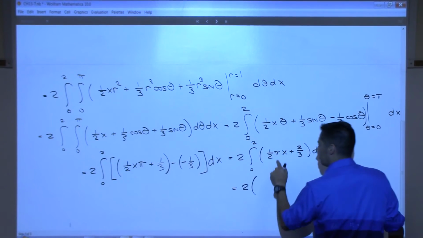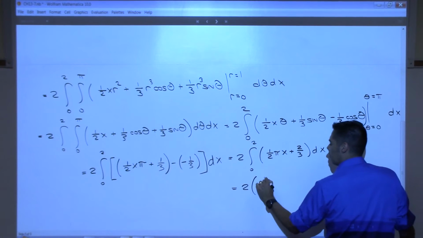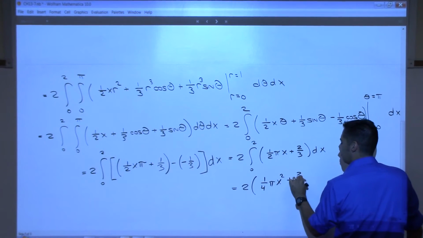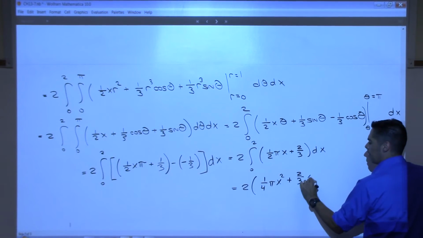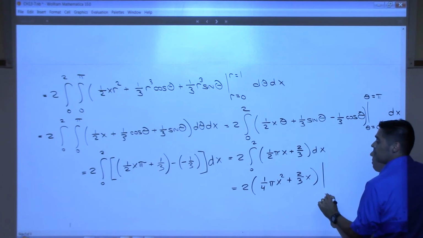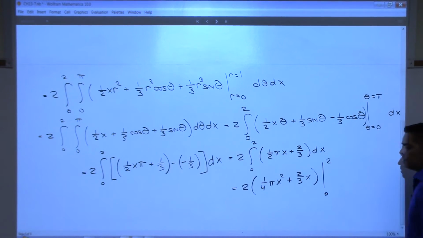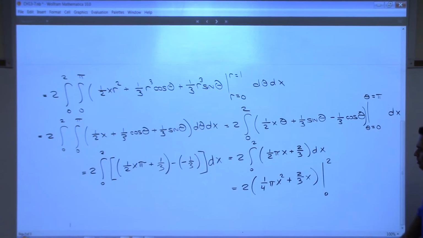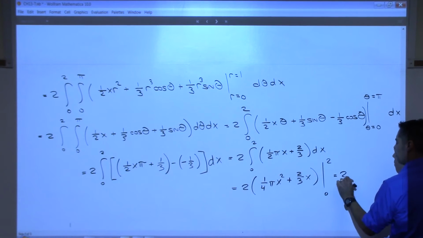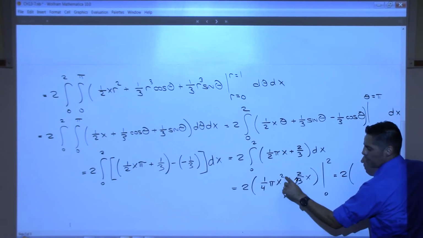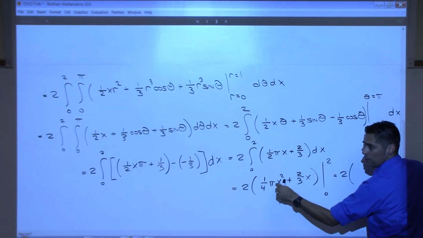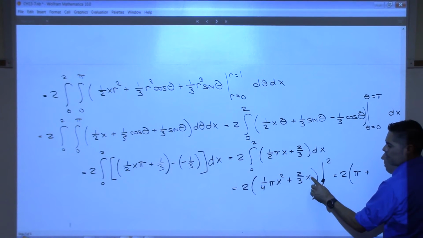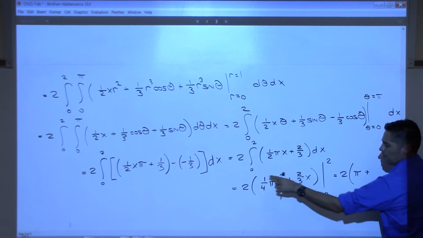Antiderivative here: 1/4 pi x squared plus 2/3 x evaluated from 0 to 2. When I plug in 0, it's all gone, right? When I plug in 2, let's see what I get. 2 squared is 4, but then 1/4, so just pi, and then plus, plug in 2 here, 4/3, but then times 2.